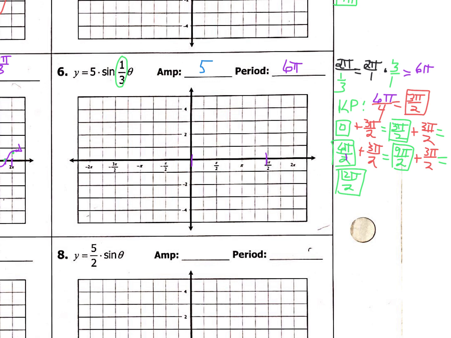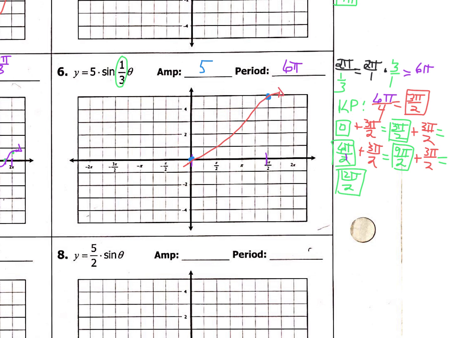All right, so then we will start, sine starts down at 0. So at our first key point of 0, sine is 0. Then sine goes up to the amplitude at the next key point. So I'm going to go all the way up to 5. So all the way up here to 5. And that's as far as I can go.